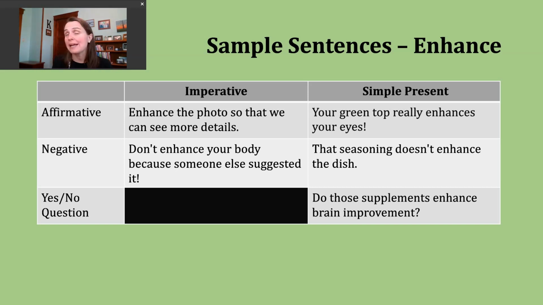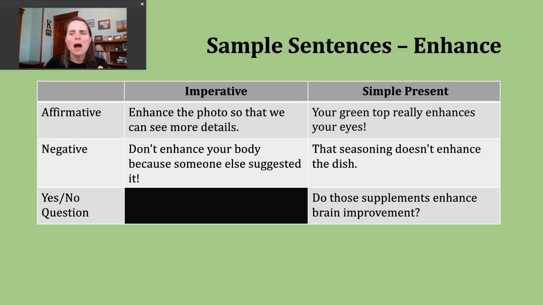So when we go to make an affirmative or positive sentence, I'm going to start with my subject, and if that subject is I, you, we, or they, then I just use the base verb. So no suffixes, no special endings on the end of that verb. But if my subject is he, she, or it, then I need to add an S to the end of this verb. You can see that in my first example here.